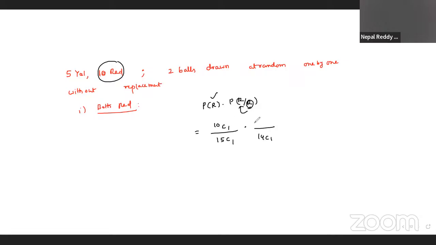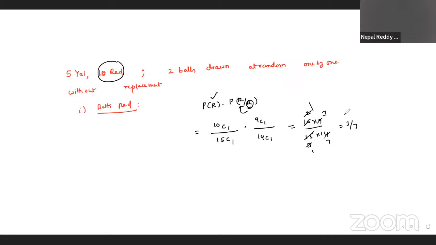Only 1 red ball is picked up, so that 9C1. This is the result: 10 into 9 divided by 15 into 14. Simplifying, the answer is 3 divided by 7.